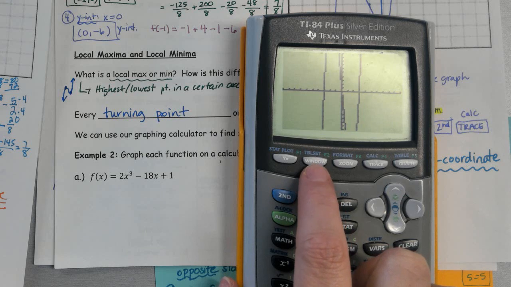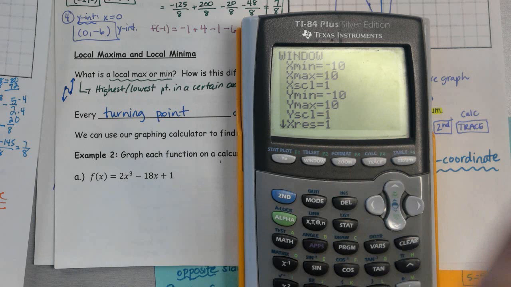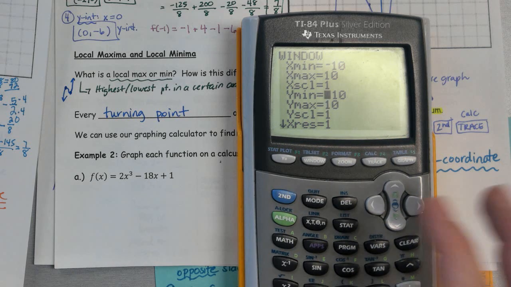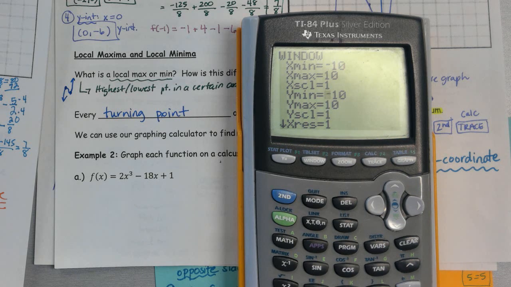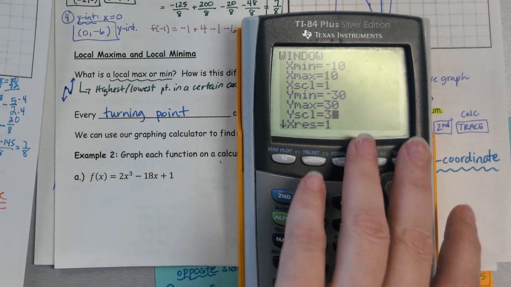So let's go to our window. Let's figure this out together. Okay, so the x's, we don't have to change those. What do you guys want to go down to for the y's? How about, let's go to 30. And 30. Now, if you change that, change your scale. Go by 2s, go by 3s.